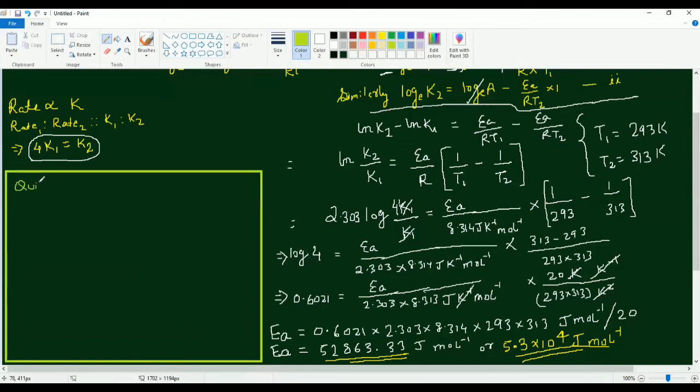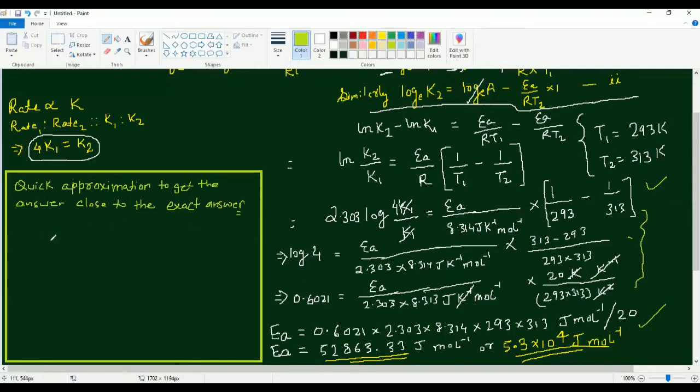Quick approximation to get the answer close to the exact answer. Your examiner will also understand that you have applied your trick and you know the calculation. See, up to this it is chemistry. From here to here it is mathematics. And here it is your skill of calculation.